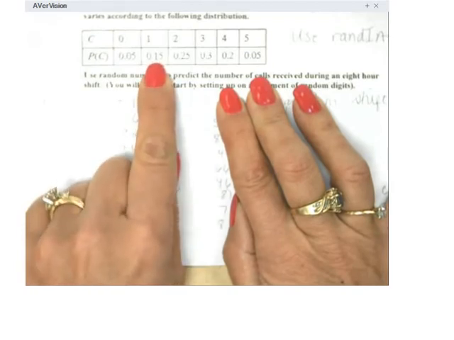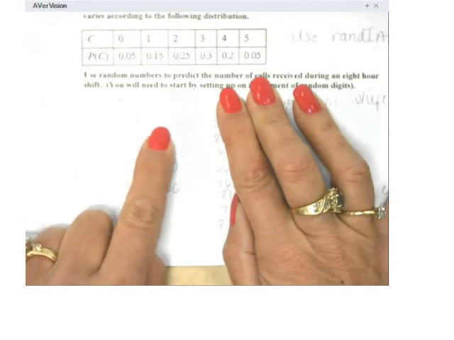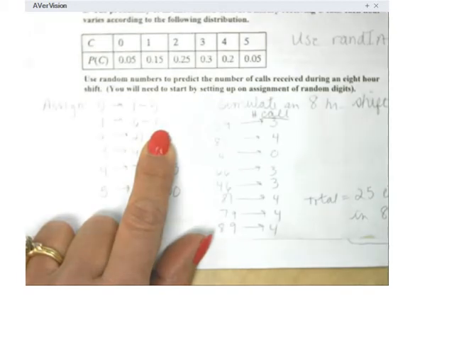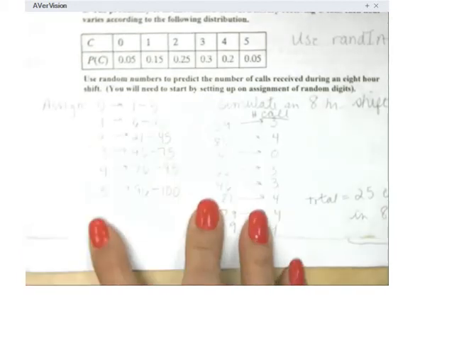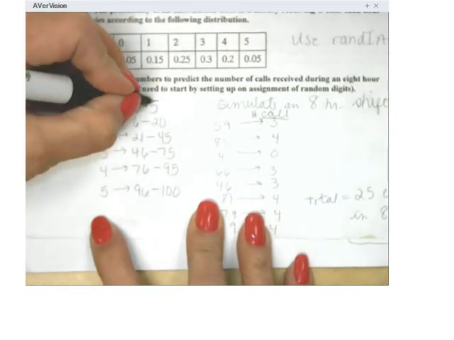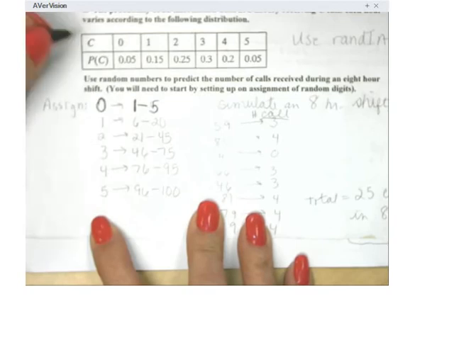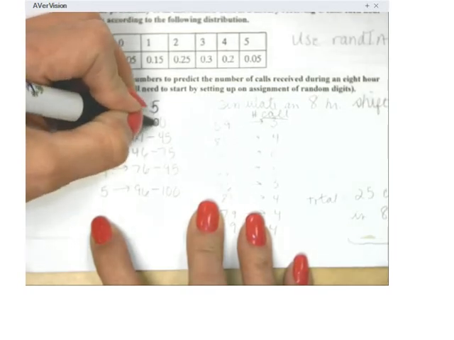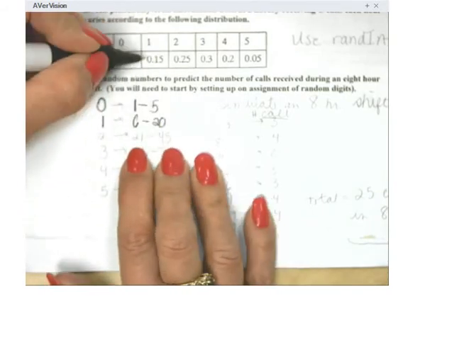So 6 through 20 is not shown up too well, but I will write over it with a pen, and then it will show up better. So I have 1 through 5 as my 0. I'm letting 6 through 20, which is 15 numbers, stand for a 1.